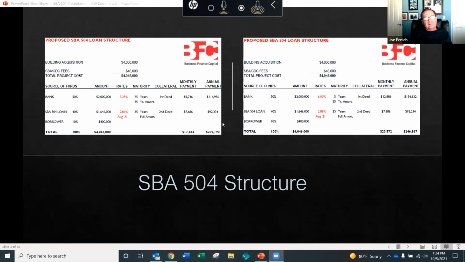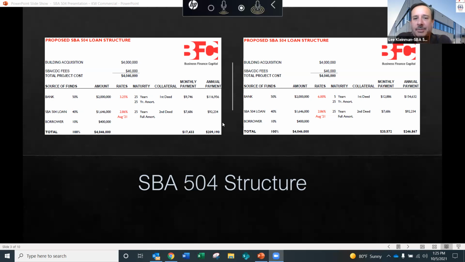Probably, yeah. The structure of the 7A is the bank or non-bank lender, usually a bank, will provide 100% of the financing with a government guarantee. So it's an SBA 7A loan, but it's basically a bank loan with a government guarantee if the deal goes bad.